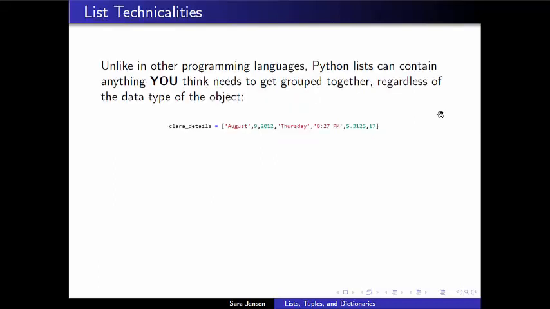Another feature Python has, which is unlike some other programming languages, is that a Python list can contain anything that we think needs to get grouped together, even if the data types of the individual objects in the lists are different. In some other programming languages, you can only list things that have the same data type, and this is not so in Python. So this is referencing what I called a quote-unquote natural group of things.